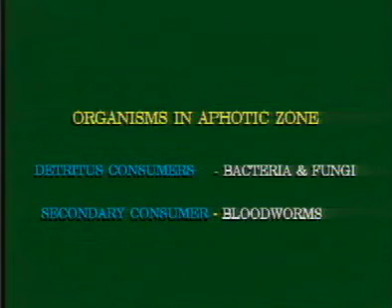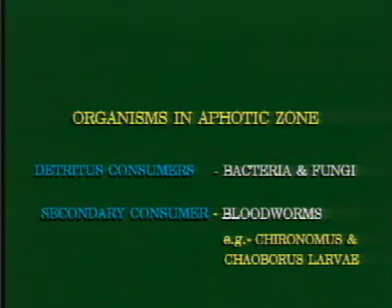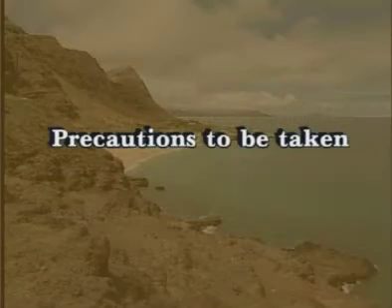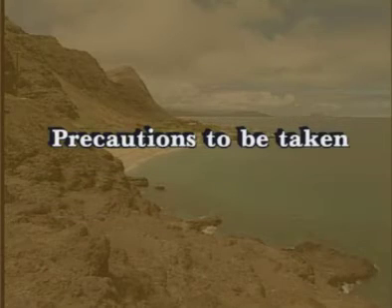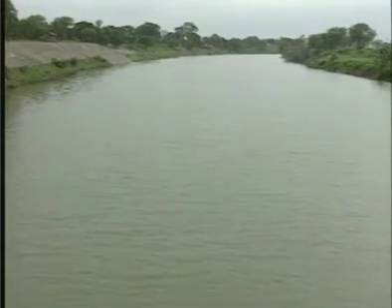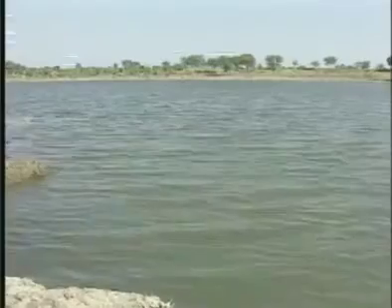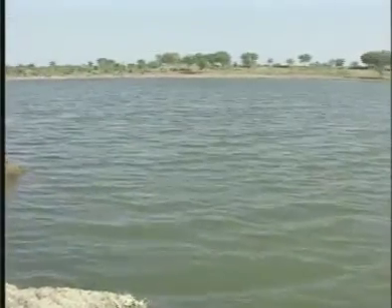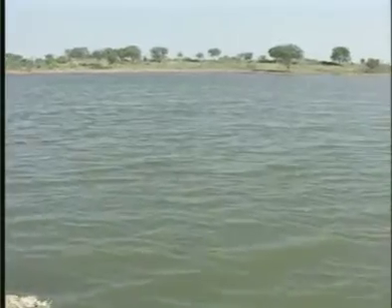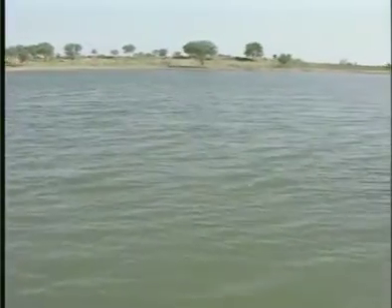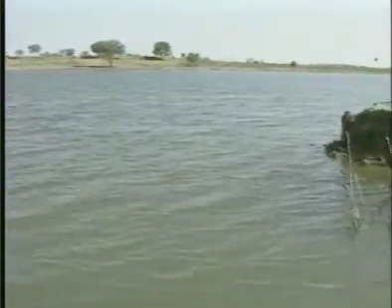The secondary consumers consist of bloodworms, that is, hemoglobin-containing organisms like Chironomus and Chaoborus larvae. The gradual transformation from riverine to lacustrine ecosystem gives rise to this intricate ecosystem which grows up as a result of an artificial system.